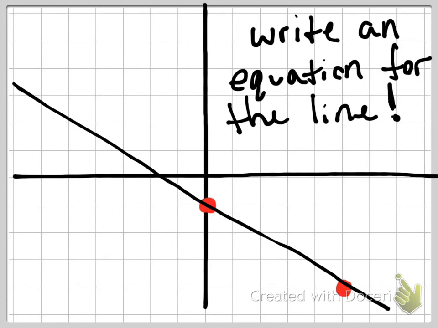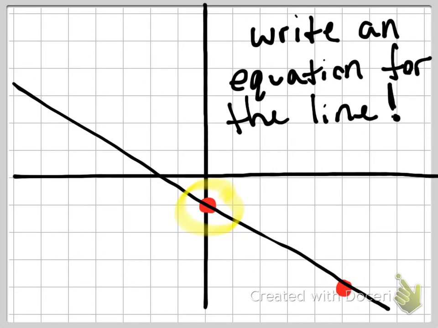Now, we're doing the opposite. I'm given a line, and I have to write my equation again. This is the second time we've had to write an equation. So, I am given 2 dots right here. And if they weren't on there, I could simply put them on there. This one's going to be pretty significant because it's my B, my y-intercept.